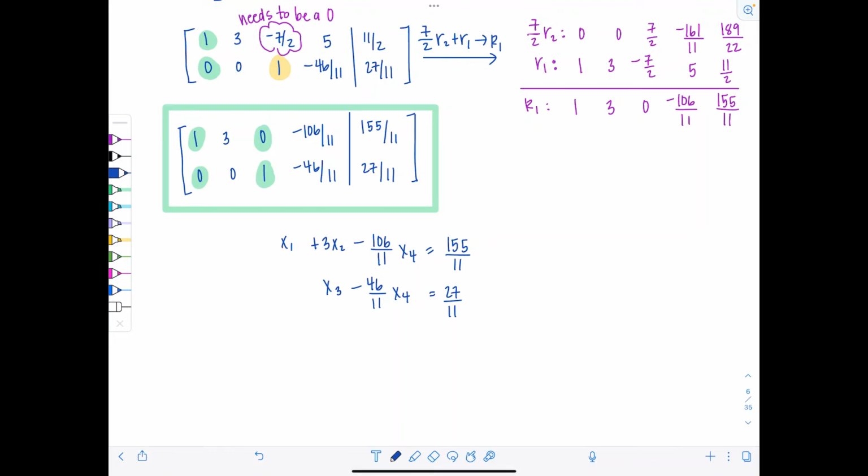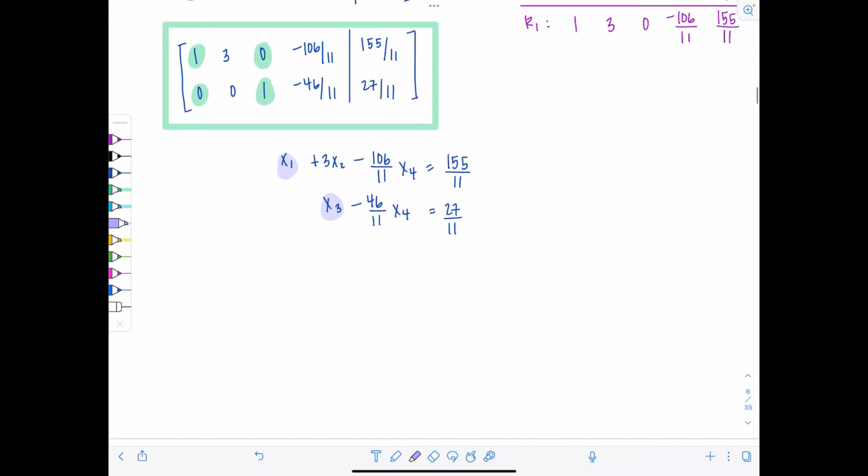And then remember, you just always isolate or solve for the variable that's furthest left. Okay, so here's the system. So x1 is negative 3x2 plus 106 over 11 x4 plus 155 over 11. And then x3 is 46 over 11 x4 plus 27 over 11.